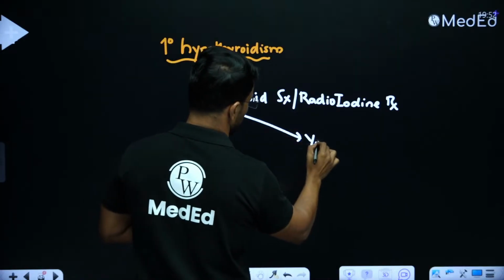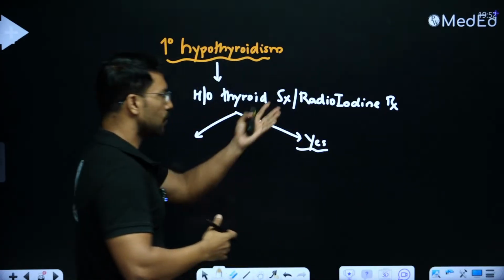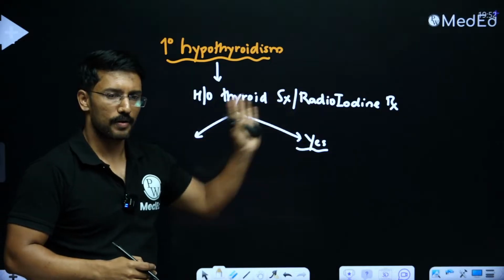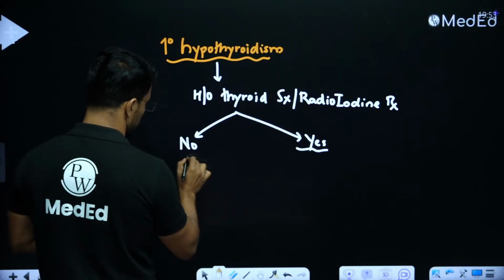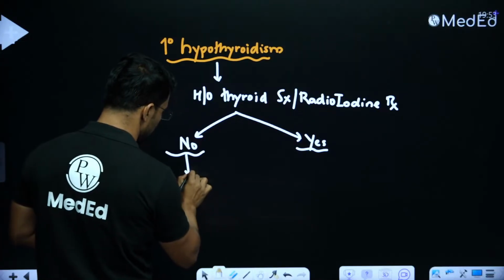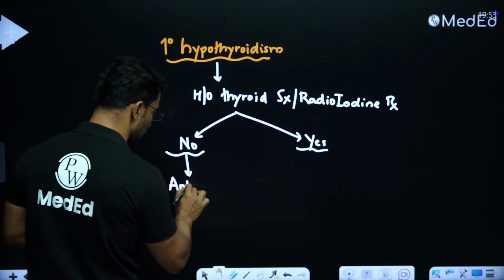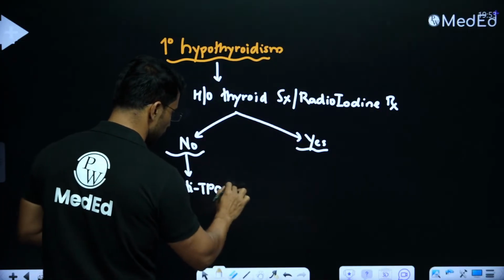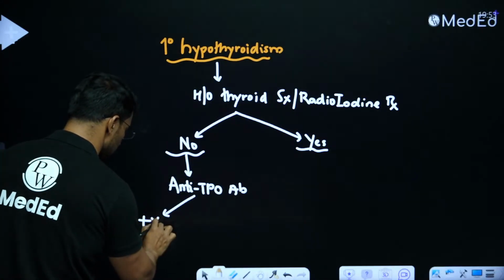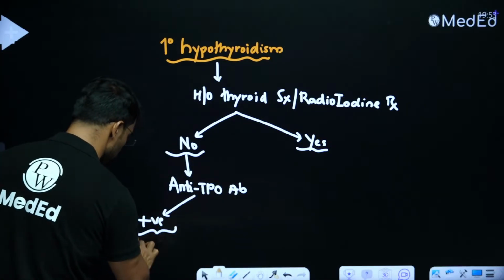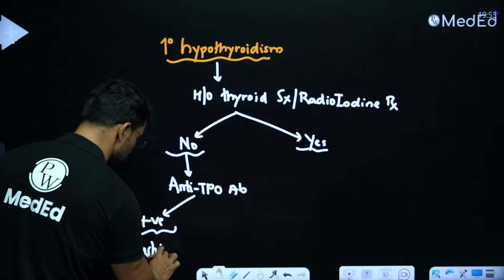If yes, then that is the cause. Thyroidectomy or radio iodine therapy is the cause, right? If no such history is there, then I have to go ahead and do anti-TPO antibodies. And if these antibodies are positive, that is clearly Hashimoto's thyroiditis.